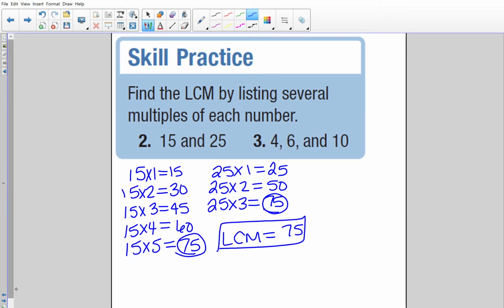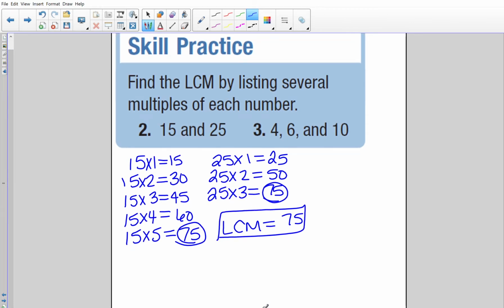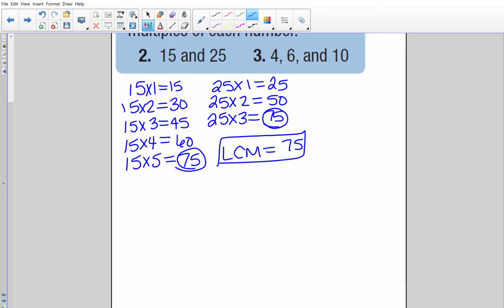Okay? For the next set, I actually have three numbers, 4, 6, and 10. A lot of times when I have three numbers, I'm going to look at the largest number and see what kind of things I'll need to be aware of. When I multiply by 10, everything's going to end in a 0. So I need to probably just focus on 4 and 6 and what ends in a 0.